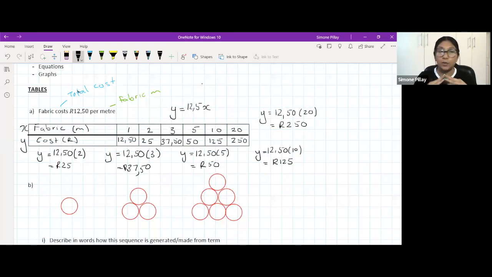In the second row, we put our dependent variable. That is going to be our y value, which in this example was our total cost. And then we just multiplied my input by my total cost per meter to get my total cost for the amount of meters that I have bought. I hope this makes sense to everybody.